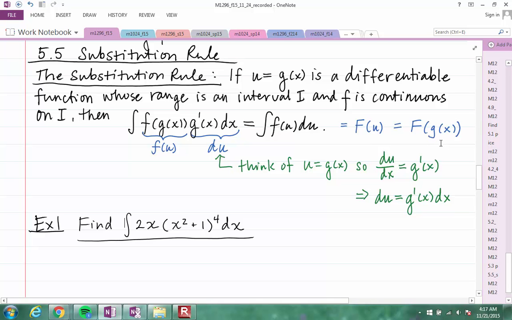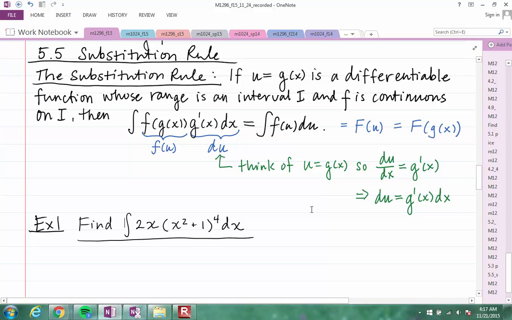So it's like a change of variables type of thing, but when you do this, you're also kind of changing the scale. So it's not just simply letting u equal g of x, we have this byproduct where we have g prime of x dx, and that's equal to du.